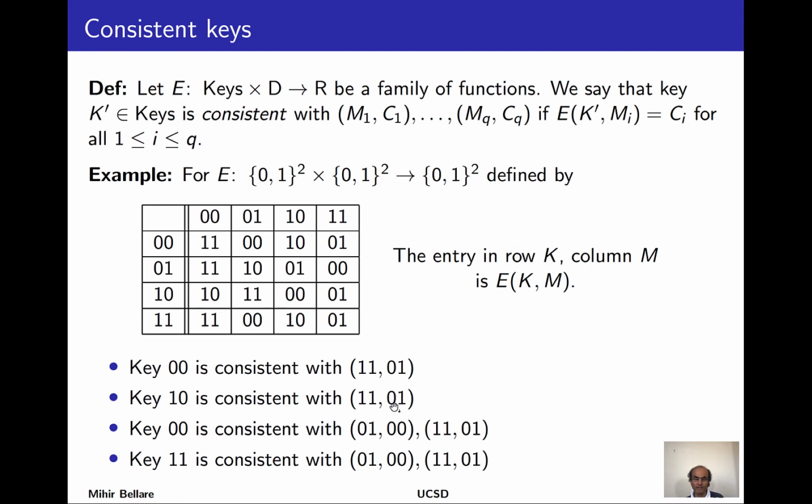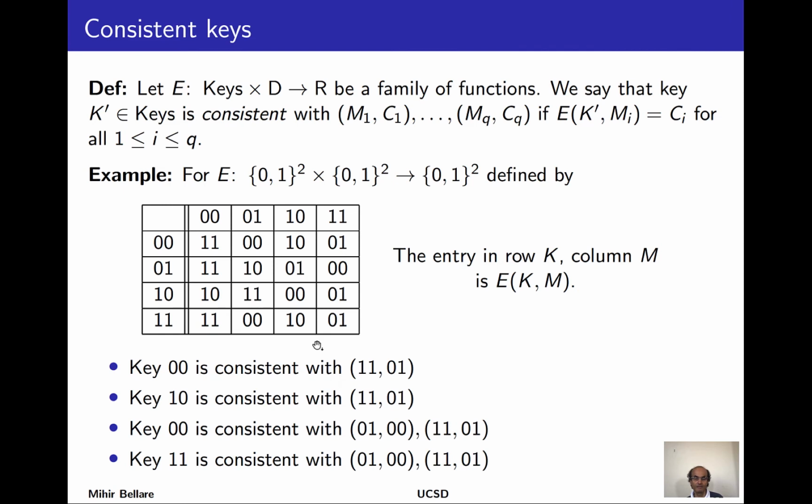Okay, now we look at lists of length 2. Here the value of Q is 2, and we're asking whether a key is consistent with both of these input-output examples. So that would happen if, with this key, 01 maps to 00. Does it? Yes. But also 11 maps to 01. Does it?